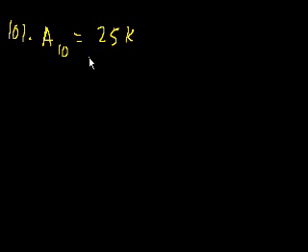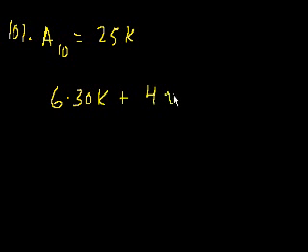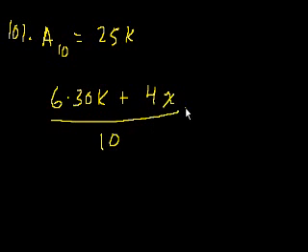Okay, so if we were to average all of them, we could say it would be 6 times 30K, plus 4 times the average of the other 4. So let's say that's what we're trying to solve for. And this would be the sum of all of the households. And if we were to divide that by 10, we're going to get the total average of all 10, which is 25. Hopefully that makes sense, right?